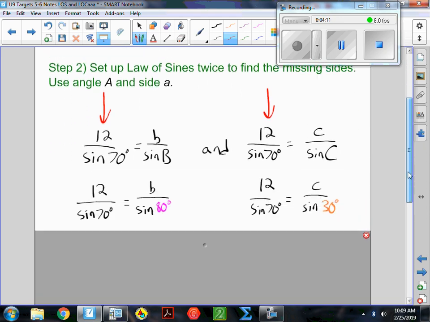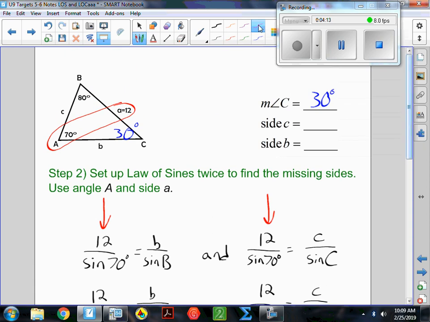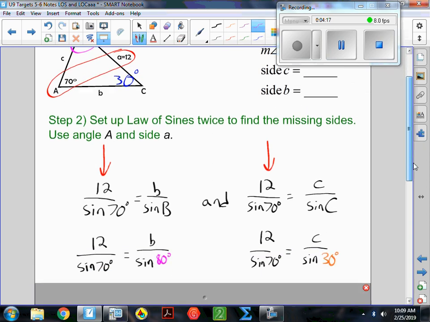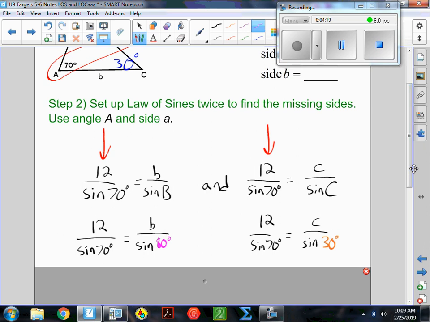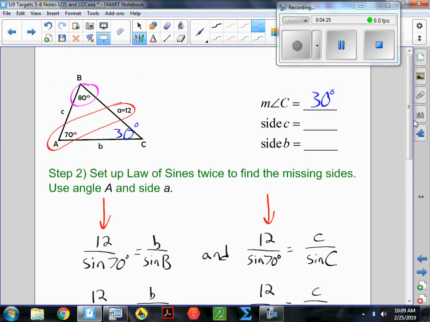Okay, so B is 80 degrees, highlighted in pink. So 12 over sine 70 is equal to B over sine 80 degrees. The other one: C was 30 degrees. So if I look up, angle C was 30 degrees. We're going to use that to find side C.